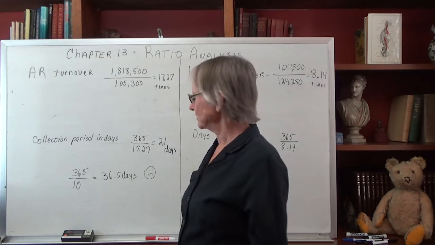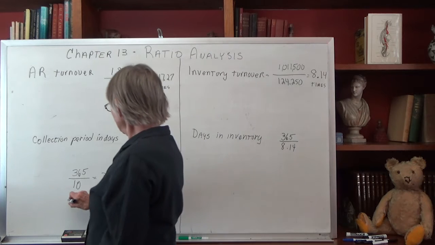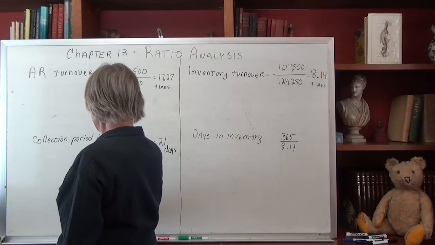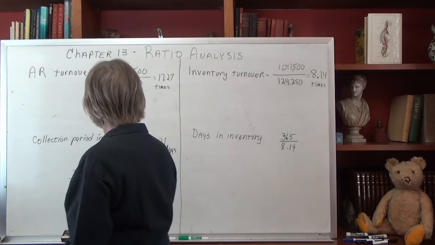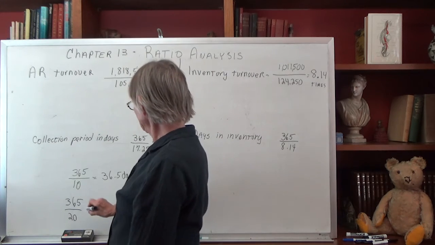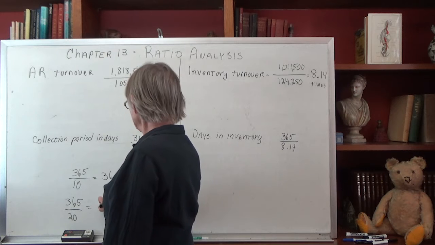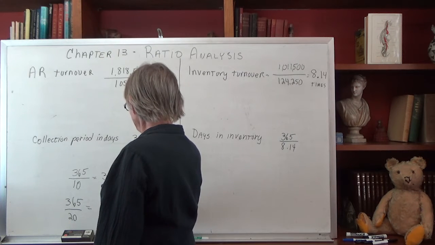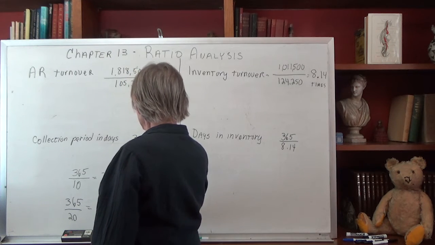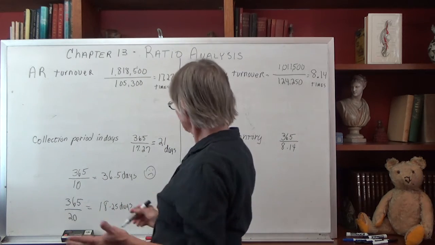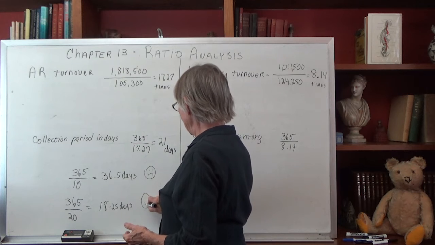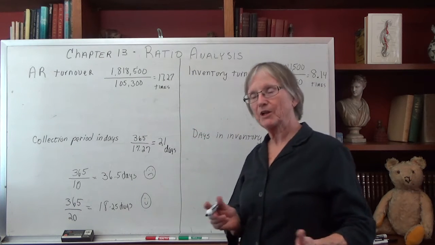What if we did 365 divided by 20? Say we had a ratio that was a little bit higher. Then we would be at about 18.25 days instead of 21 days. So that's a little better. We'd probably be happier if it were a little bit higher.